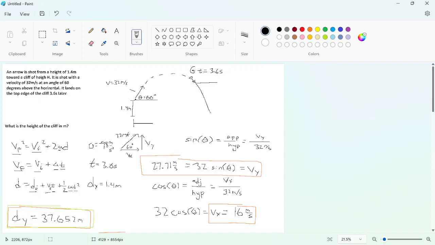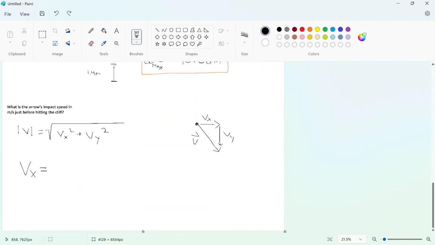Vx in this case is going to be constant, because it is constant, it is going to be calculable using the average velocity formula. As I've stated, if it's constant velocity, the constant velocity is equal to the average velocity.